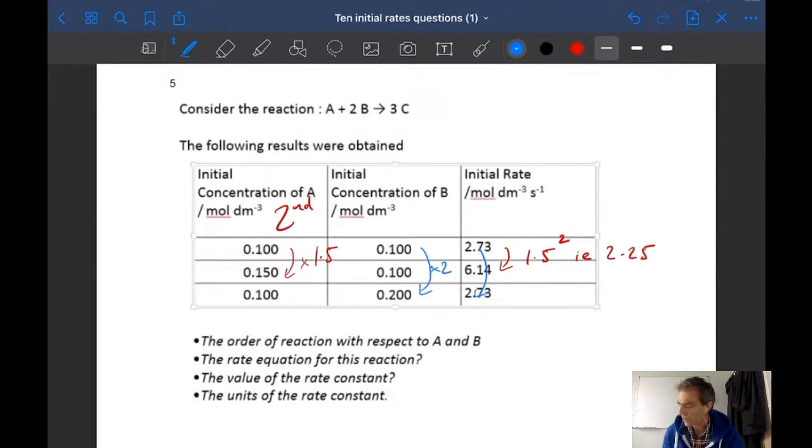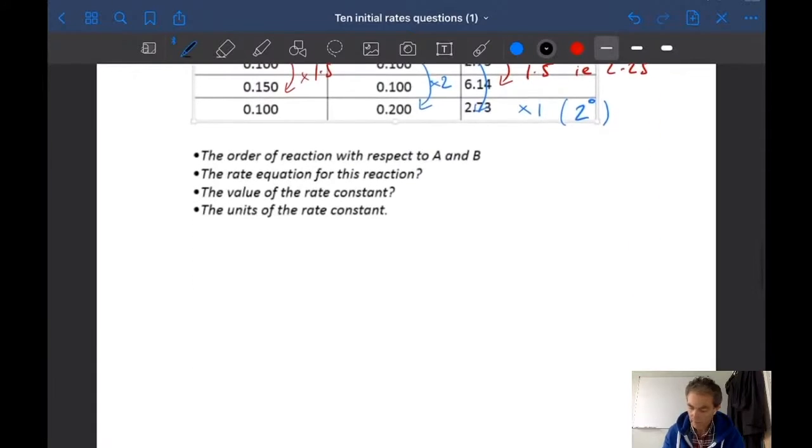So it's not times 0, it's times 1, isn't it? So effectively it's the twofold increase raised to the power 0 gets that 1 times increase. Okay, so the order of B is 0. So therefore the rate equation will look like this.